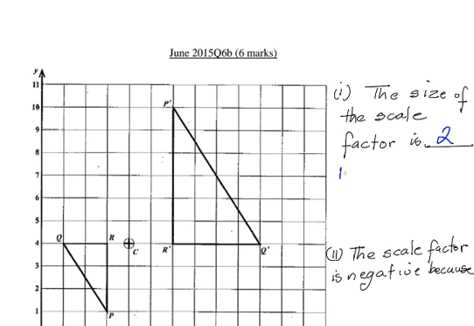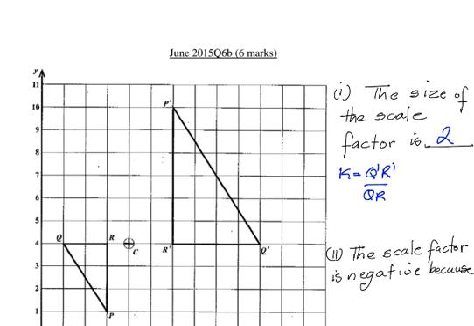Now K would be equal to Q'R' over QR. In other words, K would be equal to the length of one side on the image divided by the length of the corresponding side on the object.